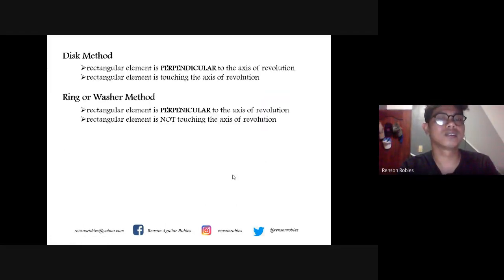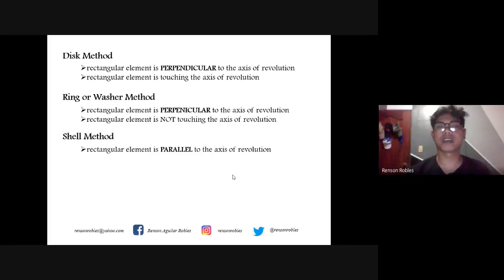Okay? You recall this process? You compare the three methods so that you can easily identify, anong method ang gagamitin ko? You first draw the element. So how do you draw the element? You first consider the number of slices. You do it horizontal, you do it vertical. How many slices for each? And then you choose whichever has the lesser number of subregions.